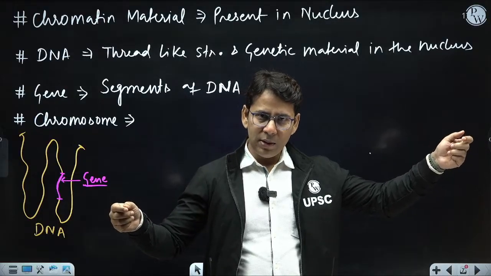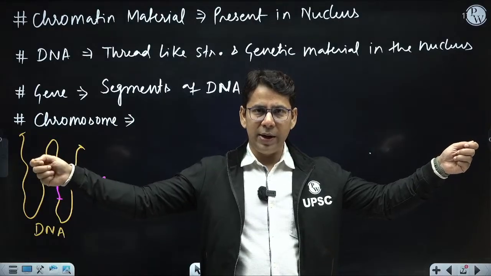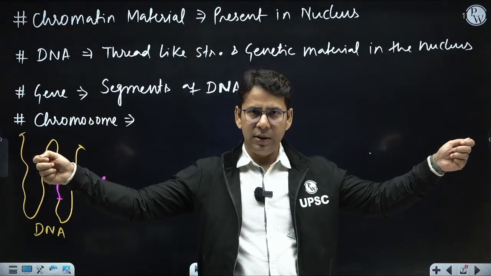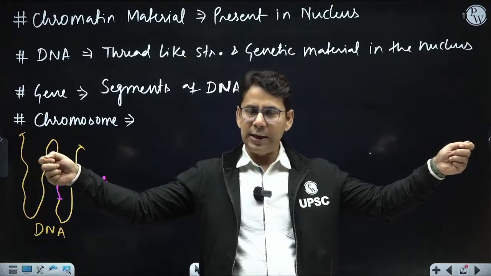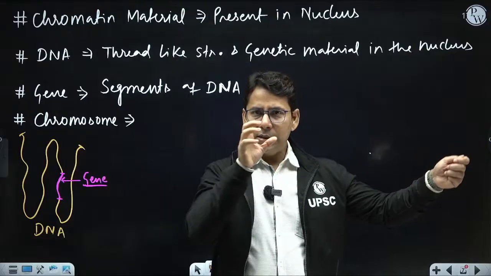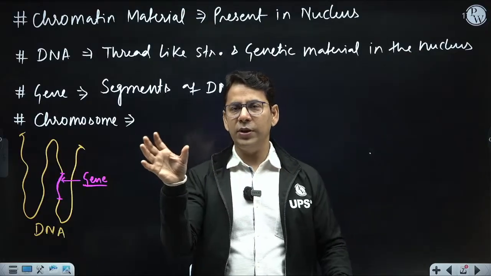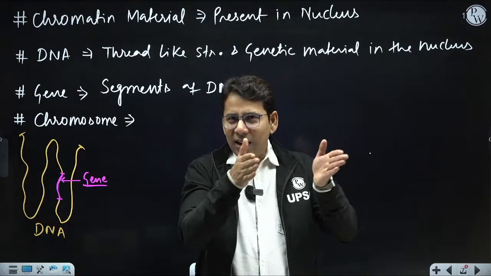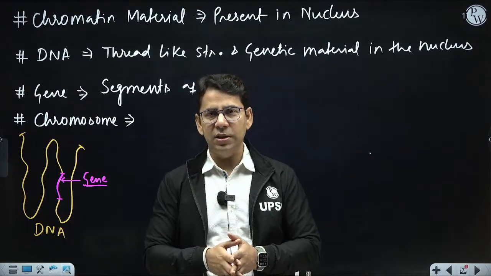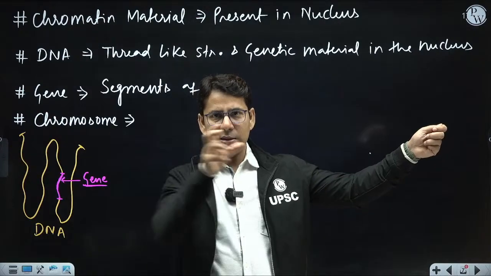I'm holding the thread from one end to the other end. This entire thread is DNA. But this designer thread has a very unique feature: after every few inches the color changes, and all the color bands and segments are genes.